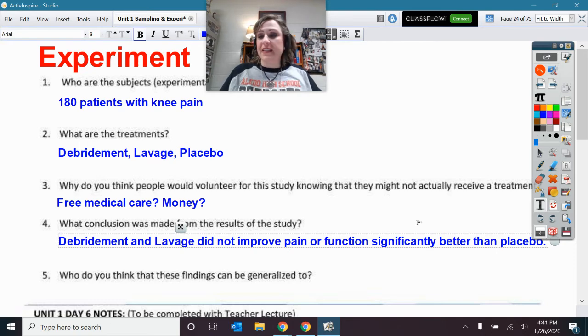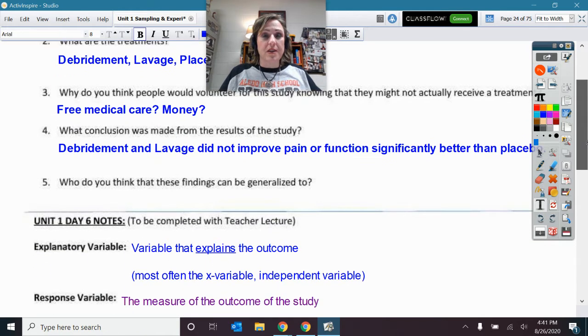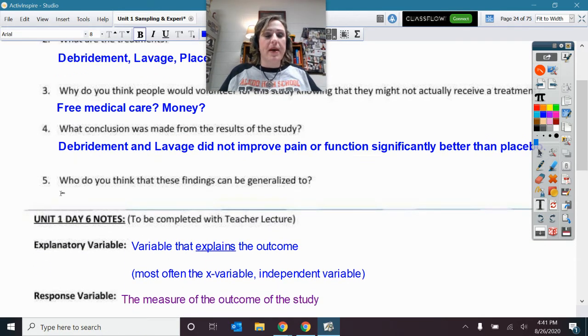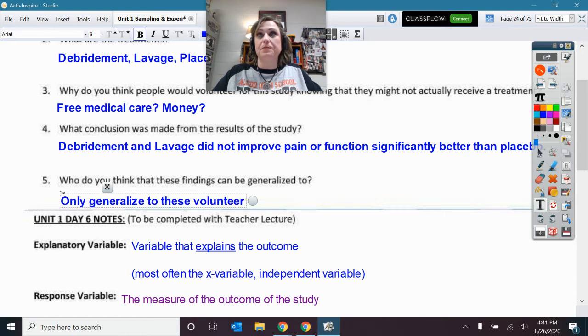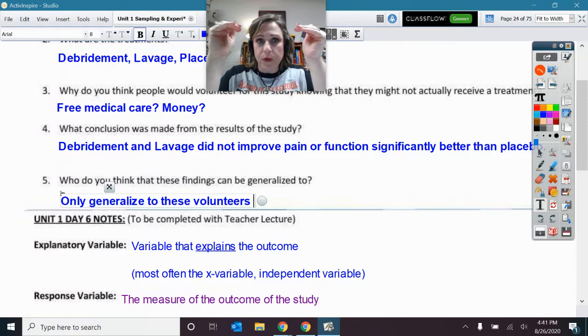All right. Who do you think these findings can be generalized to? So this is interesting. We're going to learn about this in the next section when we talk about the scope of the studies. So technically speaking, we can only generalize to these volunteers. We can't generalize to all such knee pain sufferers.